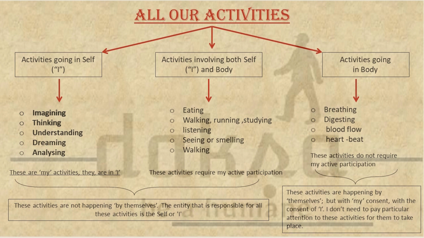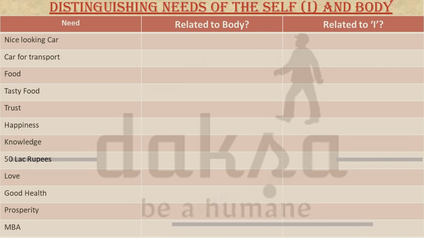Now let's have an exercise to distinguish the needs of self, I, and body. Activities we have already made clear in the previous session. Now we have to understand what kind of needs are related to body and related to I. Firstly, observe the table on the screen and try to solve it by yourself.